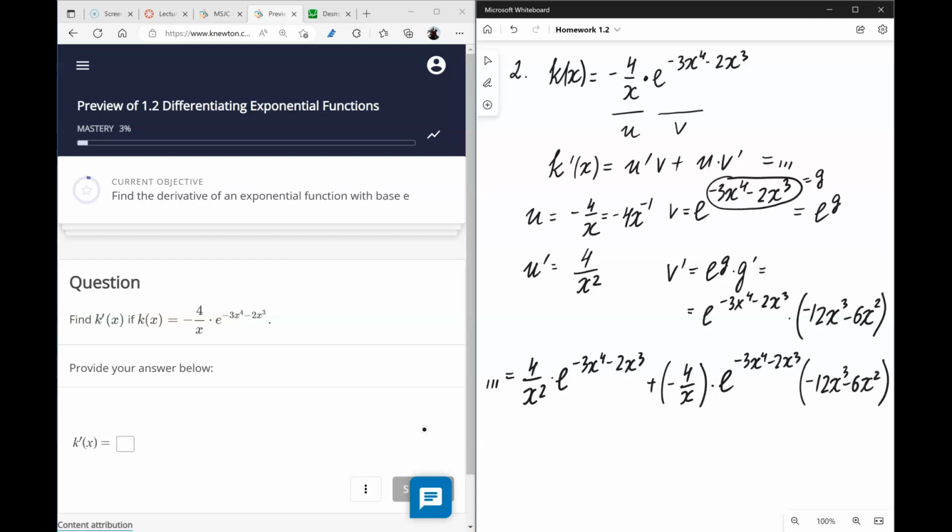And we can simplify this. I'm going to try to simplify it real quick. And if you follow, that's great. If not, then you can always enter the answer in not simplified form.